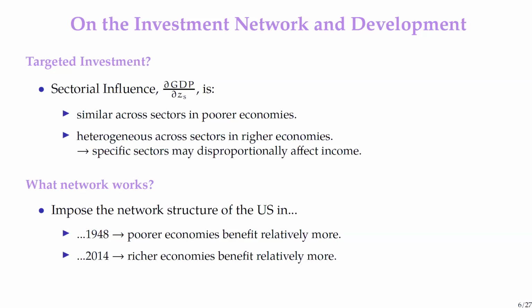So for example, when we impose the investment network of the US in 1948, which we proxy for an older technology, we find that poorer economies will benefit more from this type of investment network, whereas if we impose the investment network of the US in 2014, which we proxy for a newer technology, we find that richer economies will benefit relatively more from this alternative investment network.